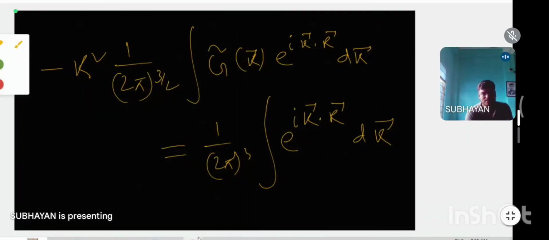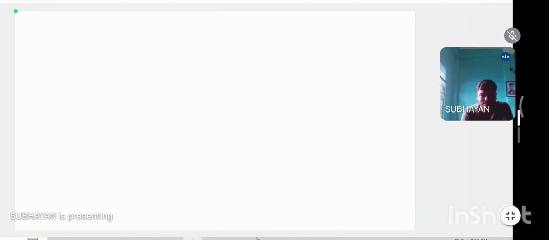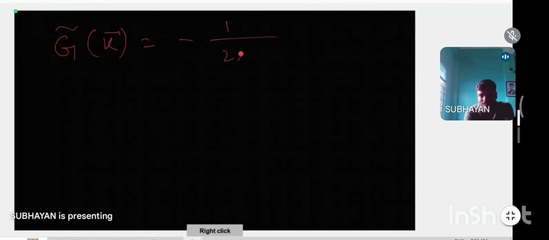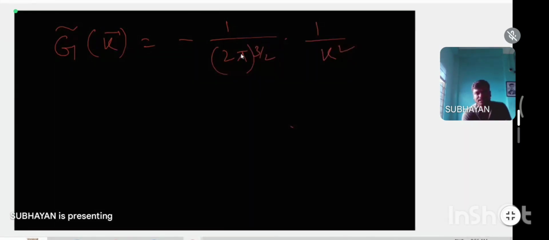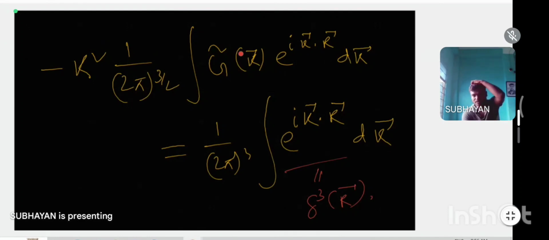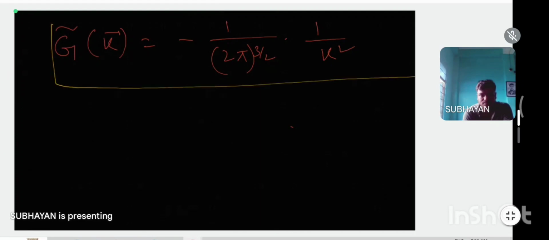So this is equal to delta cube of R. Now comparing these two, you have G tilde k equal to minus 1 by (2 pi) to the power 3 half into 1 by k square. Very easy. Minus 1 by k square, and this is the Fourier transform of G(R), that means G tilde k.